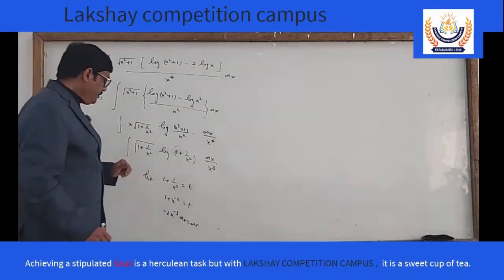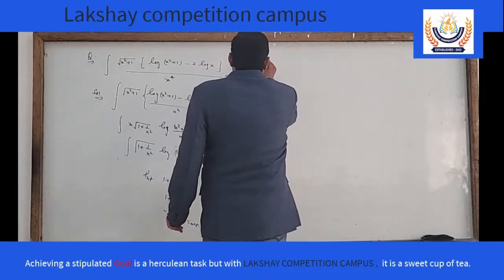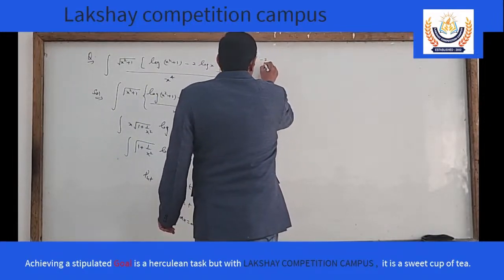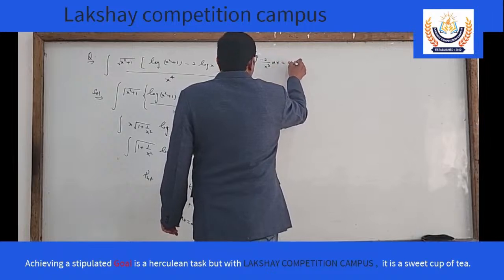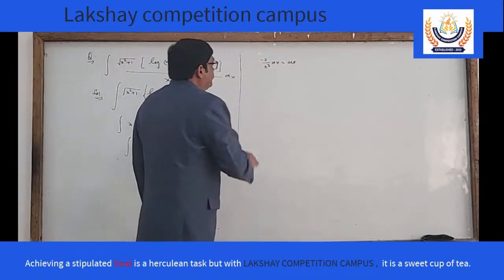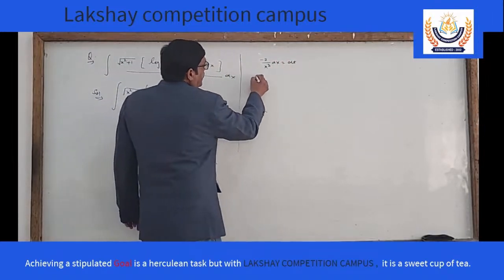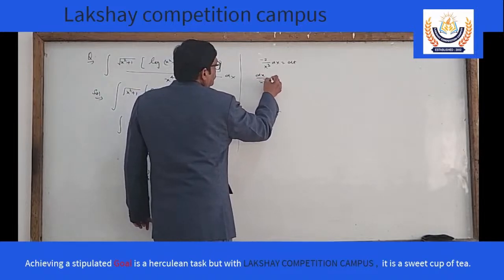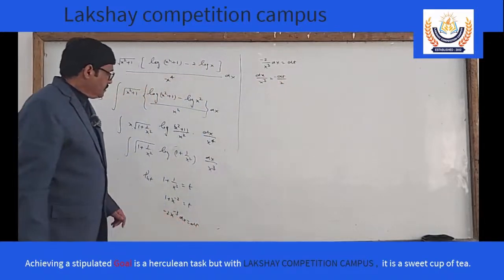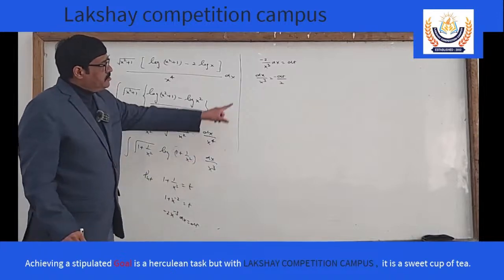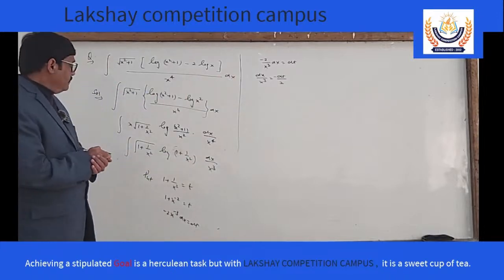Clear? So what do we get? Minus 2 by x cube, dx by dt. Clear? So here we have, students, dx by x cube is minus dt by 2.